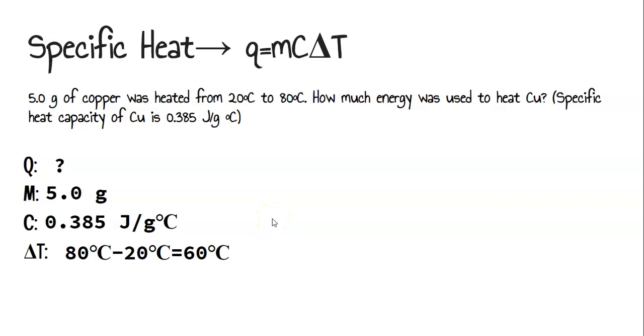This one's nice because Q is already by itself, so I don't have to do a lot of manipulating of the formula. If the letter that you're looking for is not by itself, you may have to do some manipulating, and we're going to see one of those. So 5 times 0.385 times 60 gives me 115.5 joules. That's how much energy is required to heat up my copper from 20 degrees to 80 degrees.